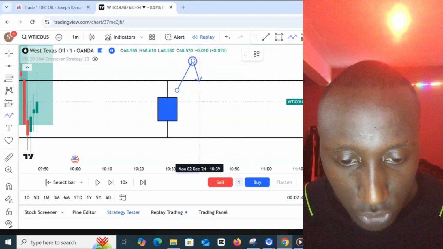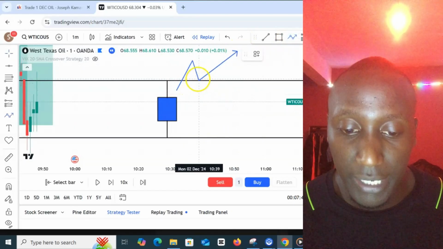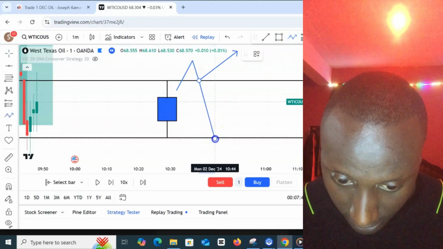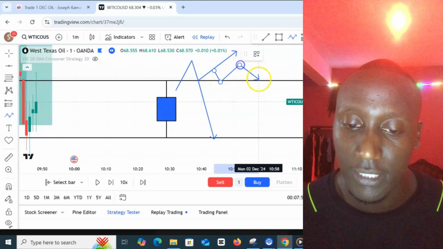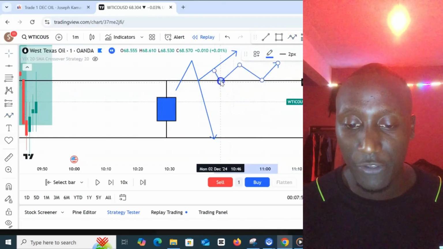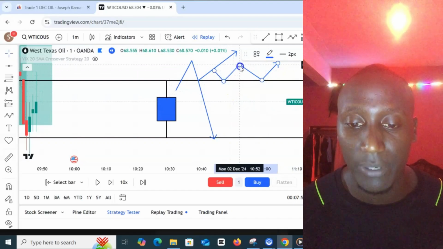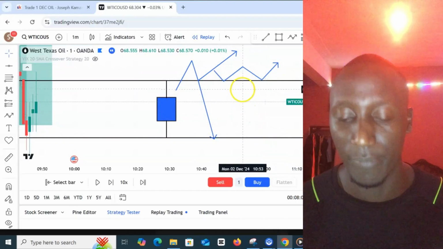Price can break out and continue in the direction of the trend. Price can break out and reverse, or price can break out and just consolidate, not go anywhere. So when you are taking a trade, you are not surprised because you know this is the typical market movement.